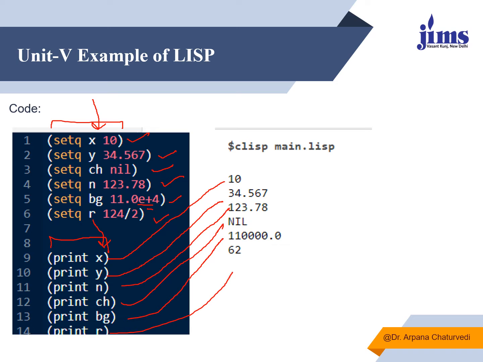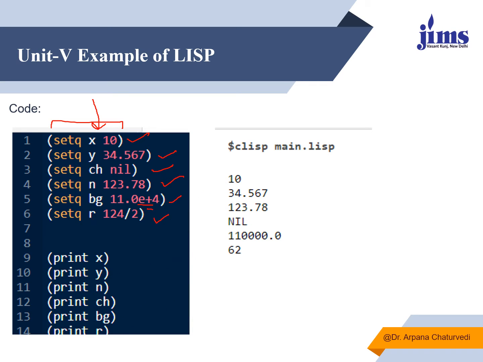Our rational number 124 is divided by 2, and the quotient is 62. So this is how you came to know that it is not like what we do in C, C++. First of all, we write data type and then the name of a variable and then we initialize the value. Here, whatever value you are initializing to the variable, the variable will have the type of that data.